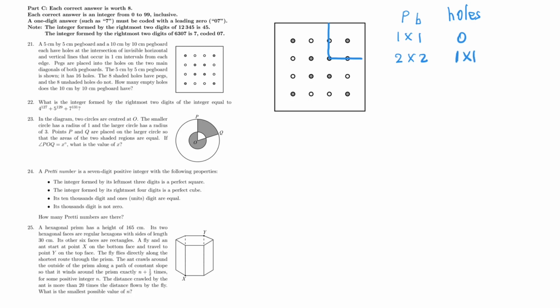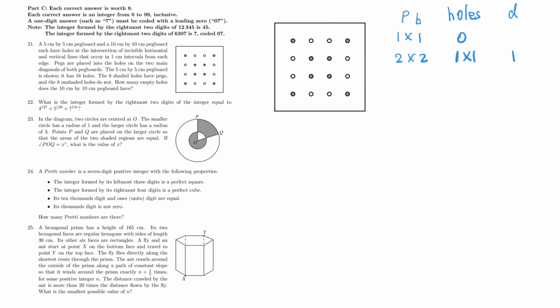For the diagonal, we can put pegs on 1 hole, because we draw the diagonal like this one and this one. They intersect at the center, just 1 hole. We can see that's only 1 hole. That's the 2 by 2.